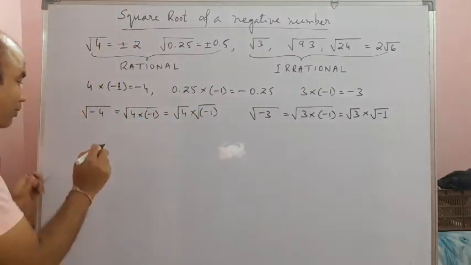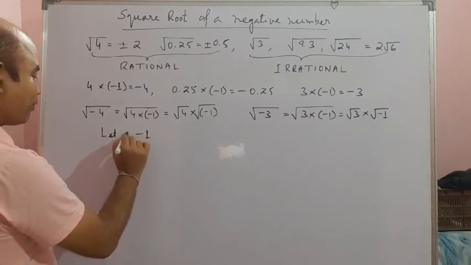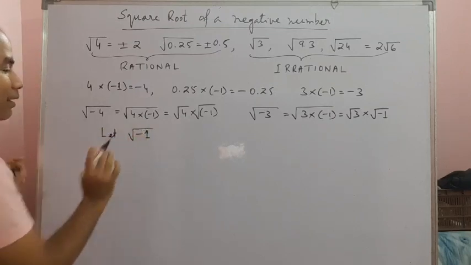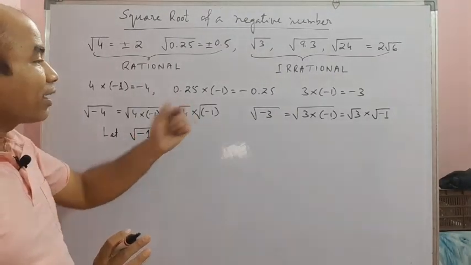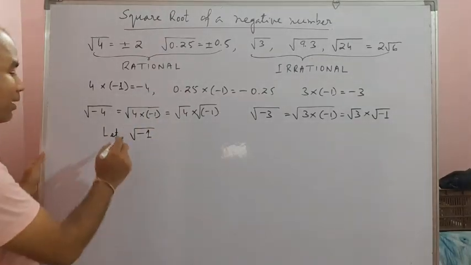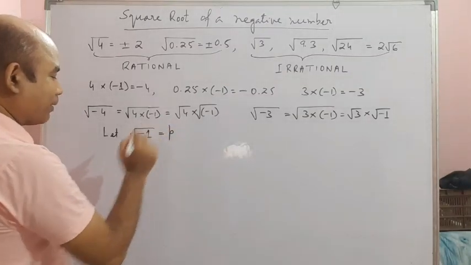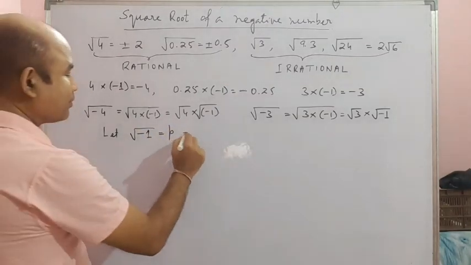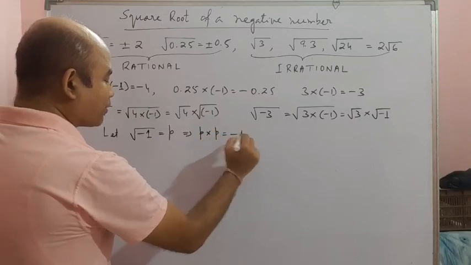Now our problem is to find the square root of minus 1. It is clear that if I can calculate this, then I can find the square root of any negative number. Suppose the square root of minus 1, I take it as a number p, which means p square, p into p, is equal to minus 1.